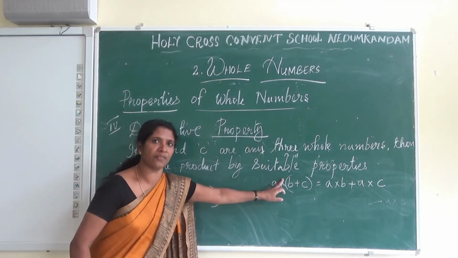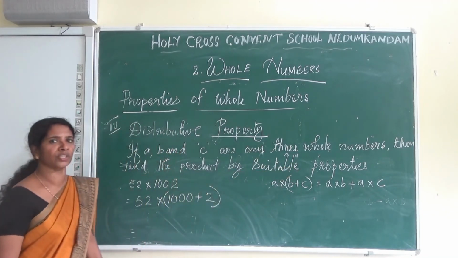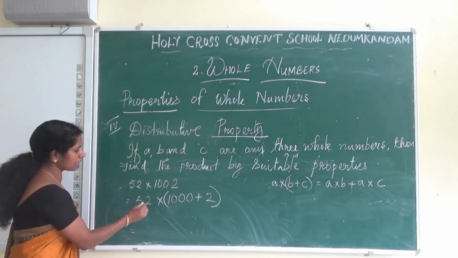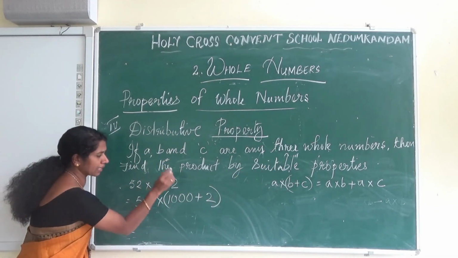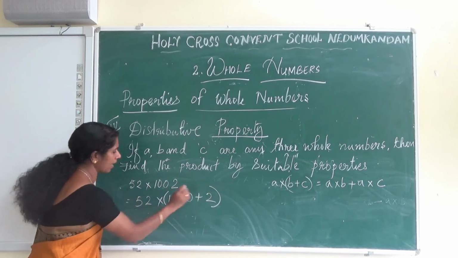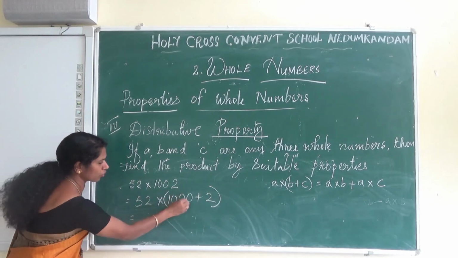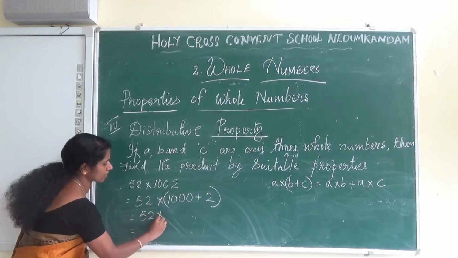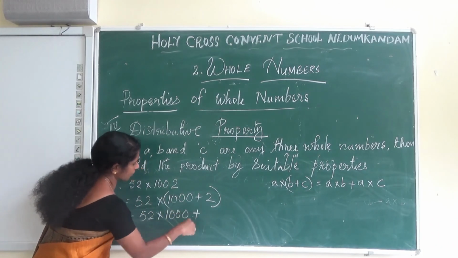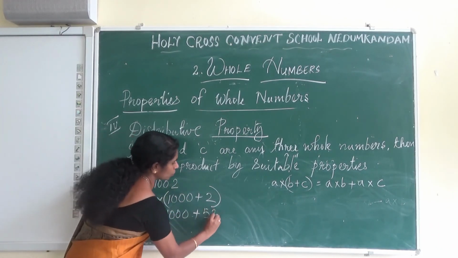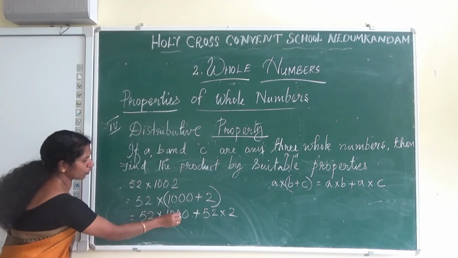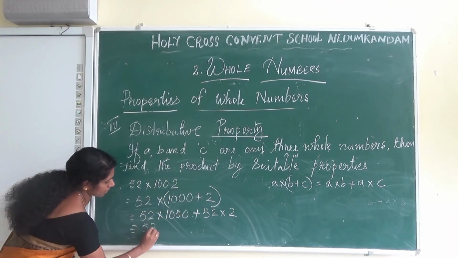Now the question is in the left side form. If it is in the left side form, we need to convert it into right side form. For that, multiply the outside number with each of the numbers inside the bracket. That is first 52 into 1000, plus 52 into 2. 52 into 1000 is 52,000.